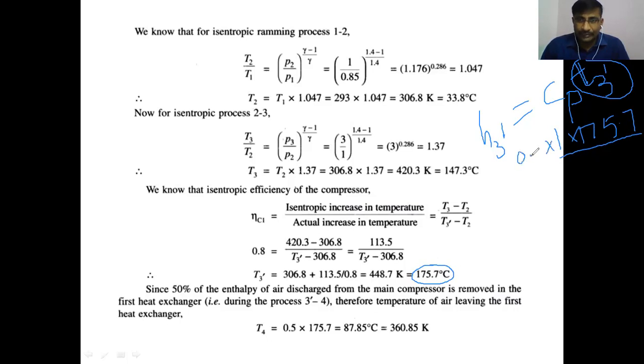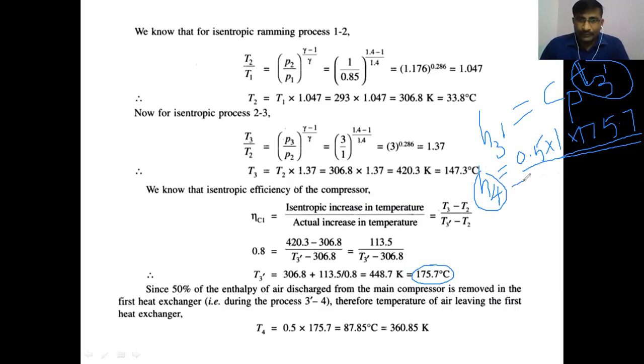Therefore, the remaining enthalpy at 4, that is H4 after the heat exchanger, is the remaining 50%. So 0.5 into 175.7 is the enthalpy at point 4. Clear?